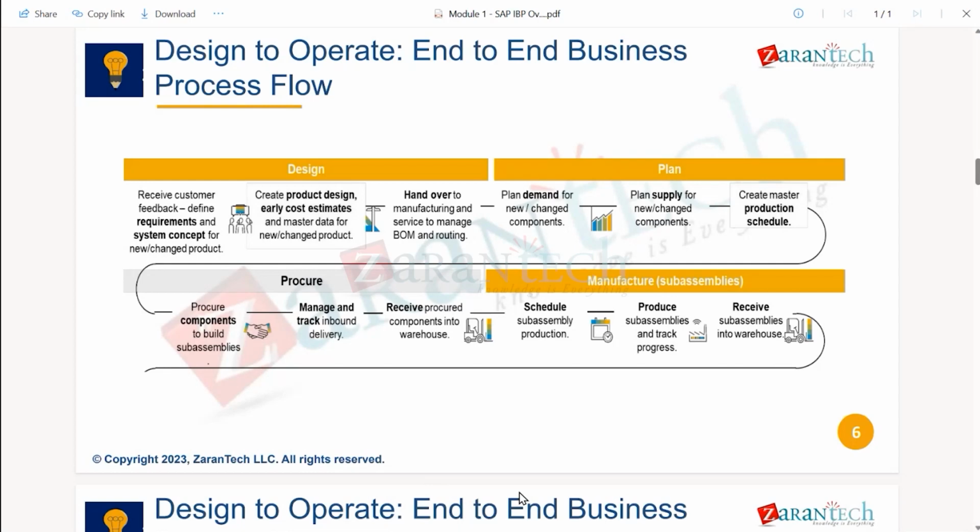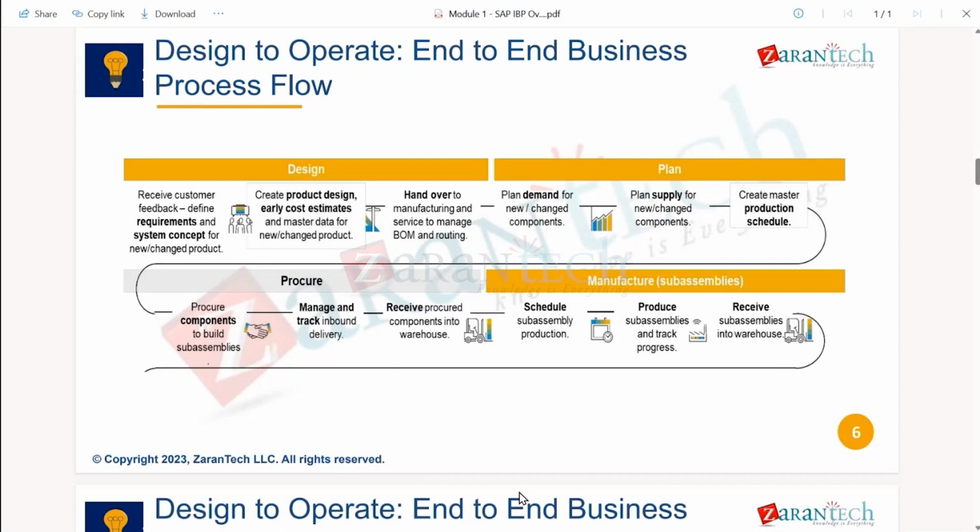The next phase is plan. This is the cycle when planning teams come into the picture. They plan for the demand, they plan for the supply, and they create the master production schedule. A master production schedule is basically a monthly schedule for most organizations, wherein they create a master production plan for a month.